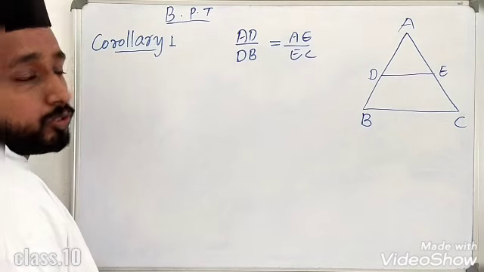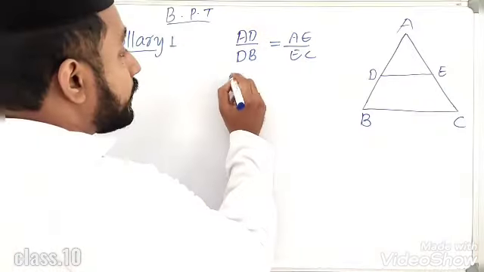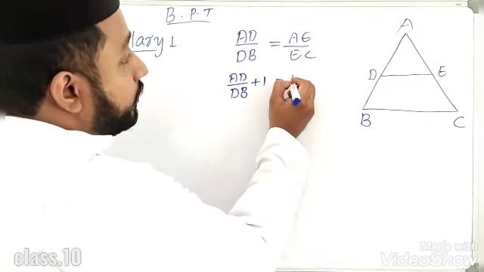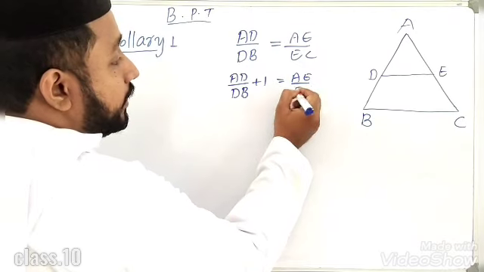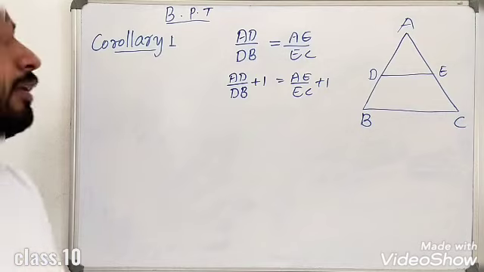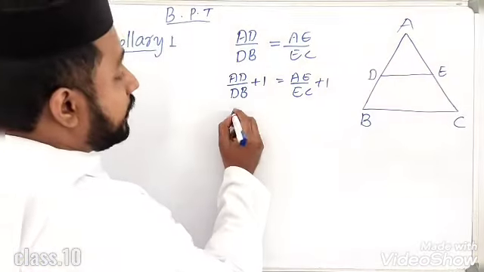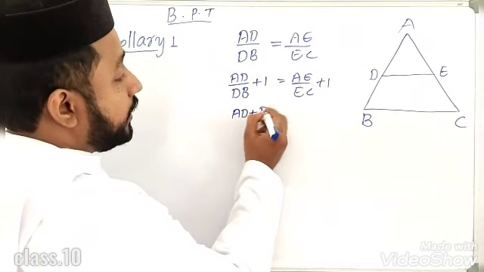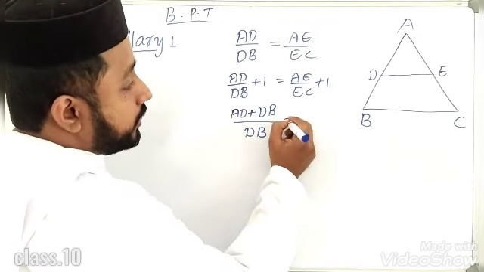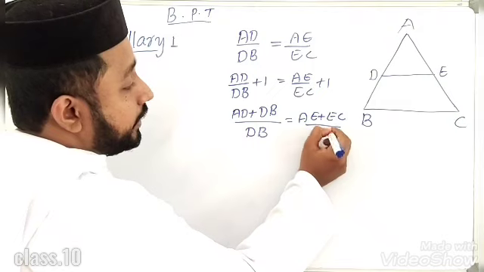In this formula we are going to add 1 on both sides, that is AD by DB plus 1 is equal to AE by EC plus 1. When we add on both sides there will be no change. Then simplifying the fractions, AD plus DB by DB is equal to AE plus EC by EC.